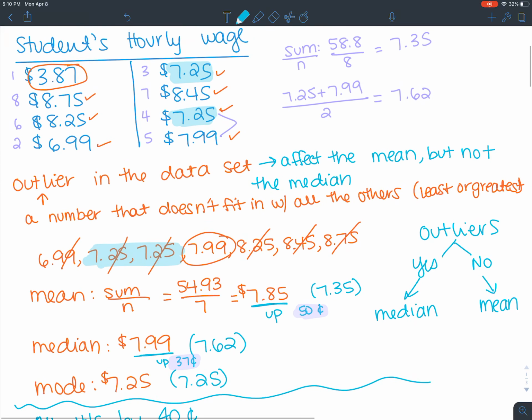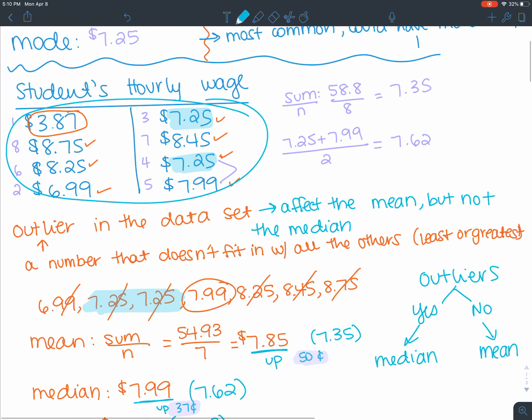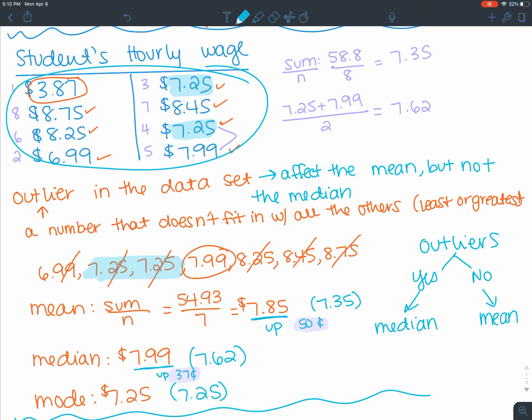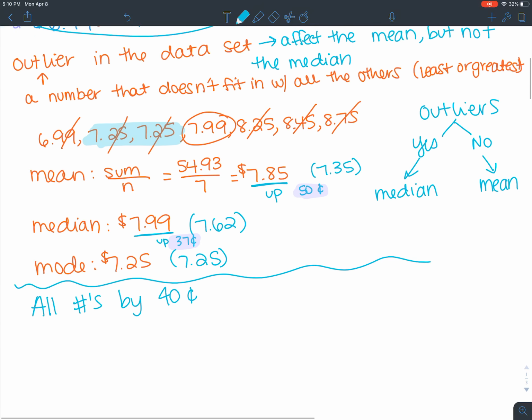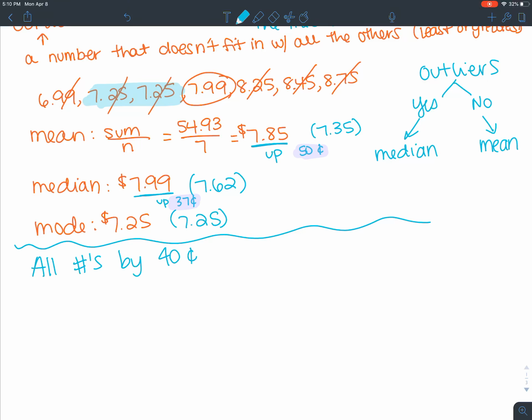Well, if you recalculate and we go back to our original problem up here and we add all of them, then my sum will go up by 40 cents times 8, and then I'm dividing by 8 again, so my mean will go up. So the mean will increase by 40 cents as well.